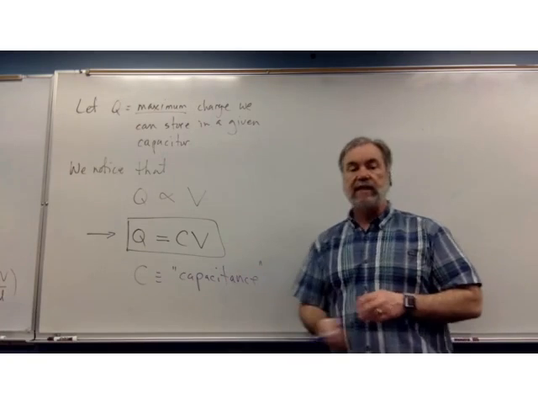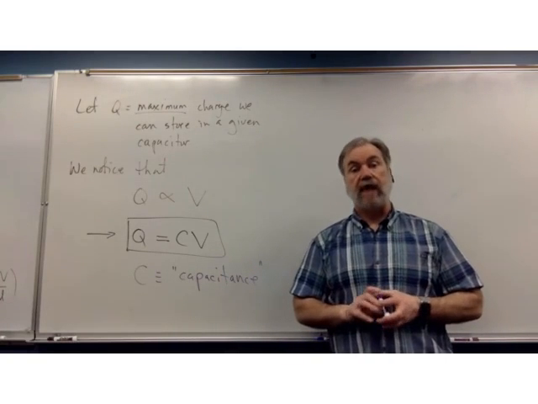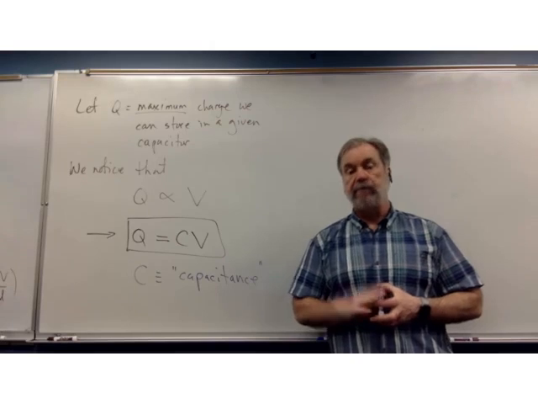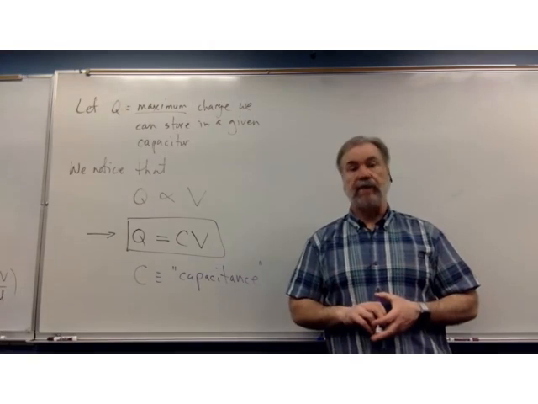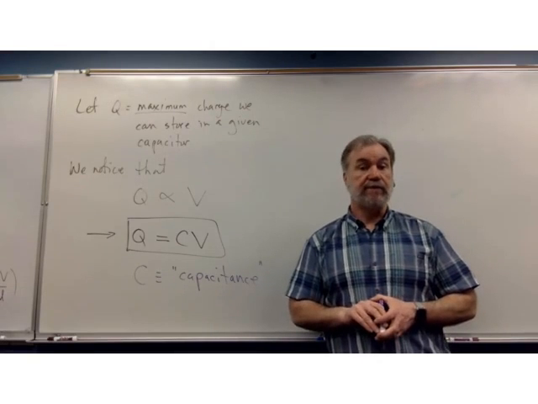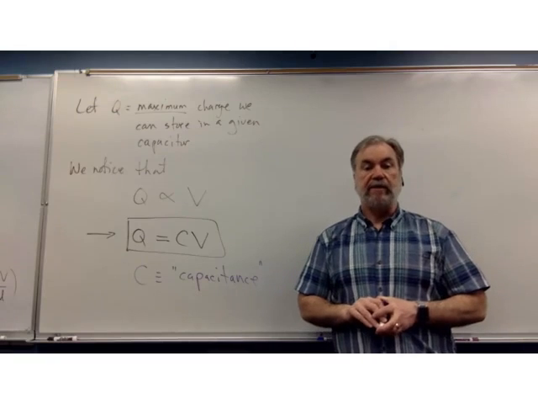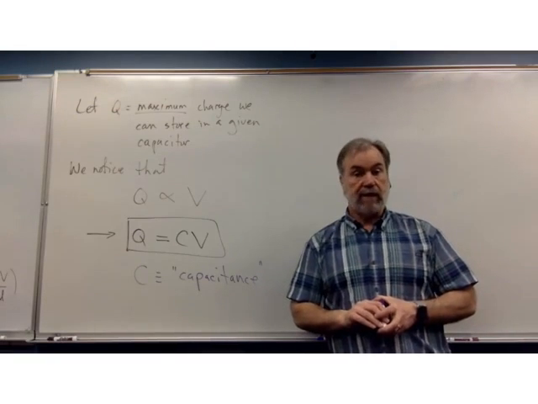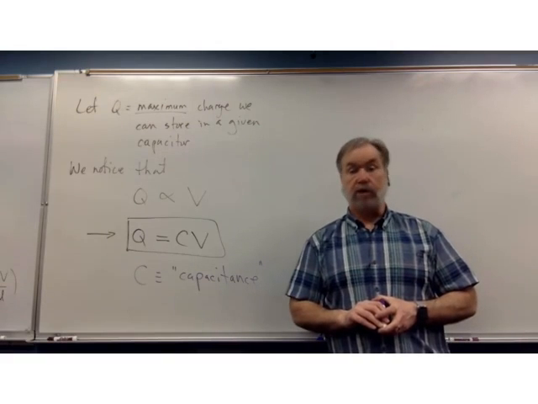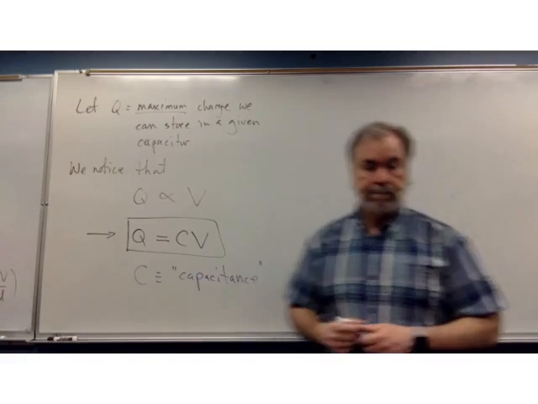So C carries the information about the geometry of the capacitor, the sizes, shapes, separation distances of the plates, and any insulating material in the capacitor itself. And so the larger the capacitance of the capacitor, the more charge you can store for a given potential difference.